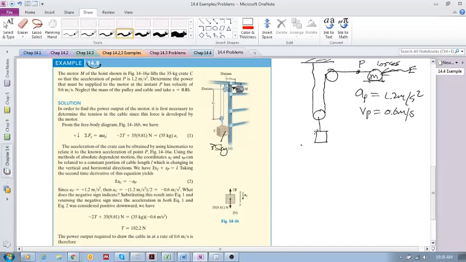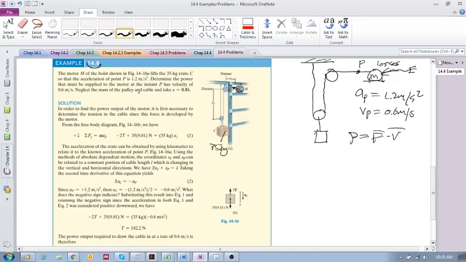Okay, so now what do we want to do? What's our baseline? We know that power is force times velocity. Okay, so we know what the velocity at P is. So the question is, determine the power that must be supplied to the motor at the instant P has a velocity of that.